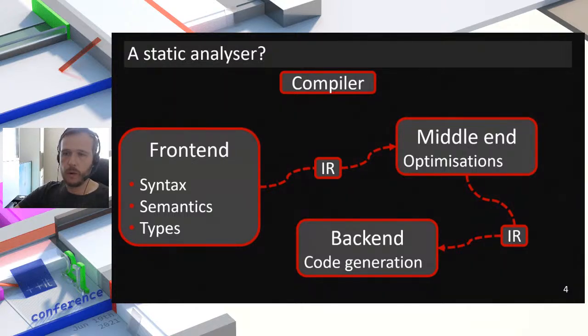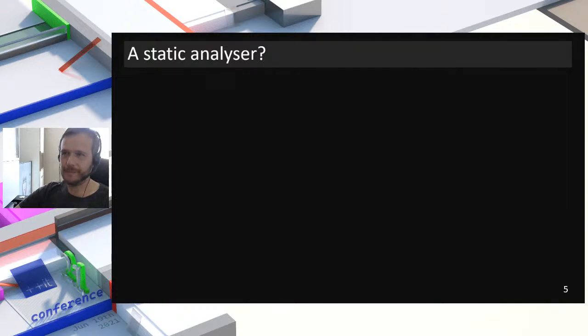The reason they have this structure is that if you want to create a compiler for a different language or for a different platform, you can swap a different front end and back end in, and it will work with the man in the middle, optimizing everything. So great. So why am I talking about a compiler when I'm talking about a static analyzer?